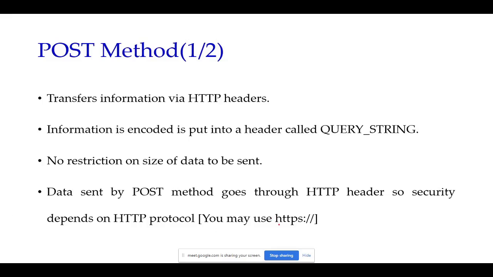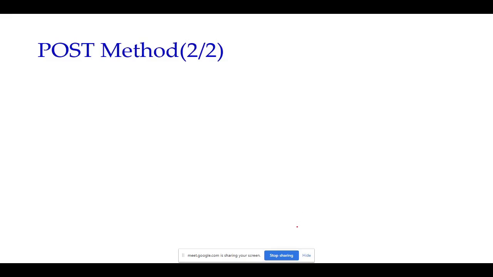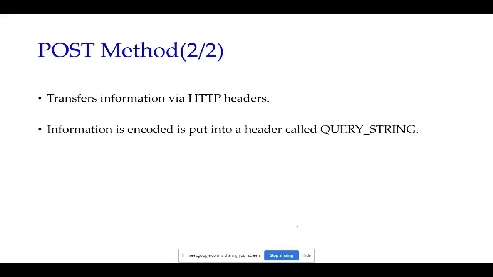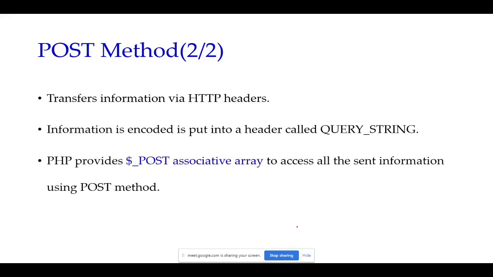And if you want better security, your server should be using HTTPS, the HTTP Secure protocol. And this we have already discussed. These two are repeated, and this we have seen in our code.